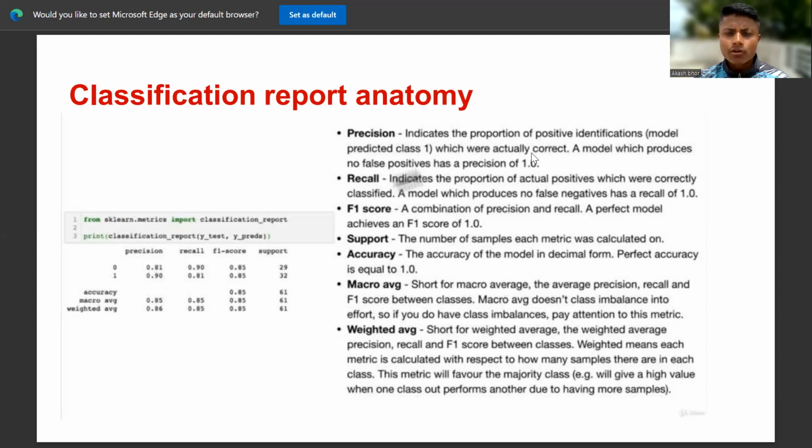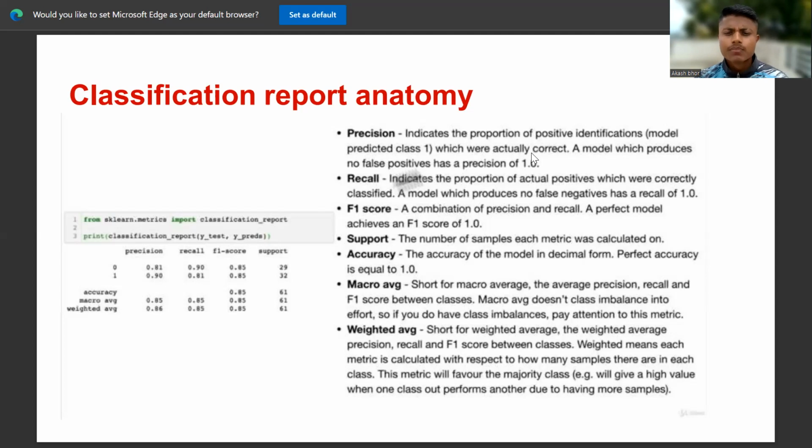Accuracy is the accuracy of the model in decimal form. Perfect accuracy is equal to 1.0. Macro average is the average precision, recall, and F1 score between classes. Macro average doesn't take class imbalance into account, so if we have class imbalance, pay attention to this metric.